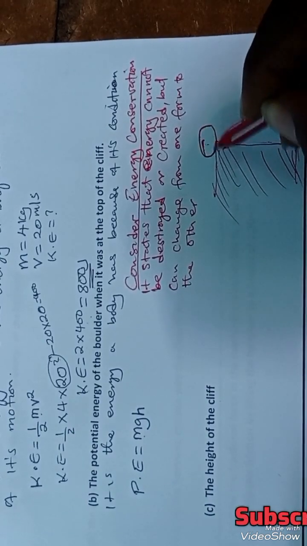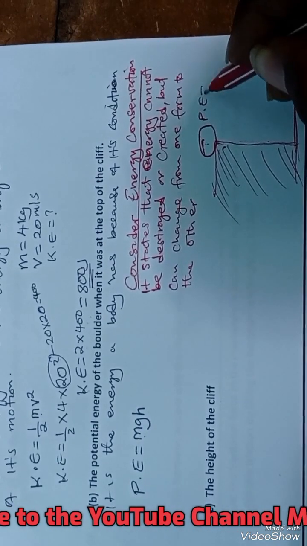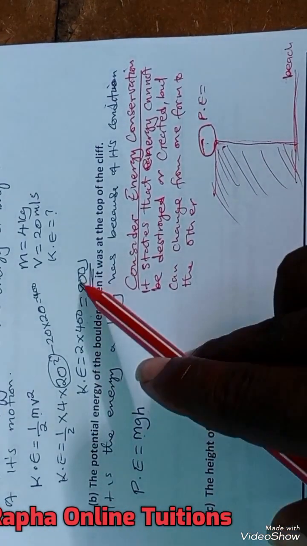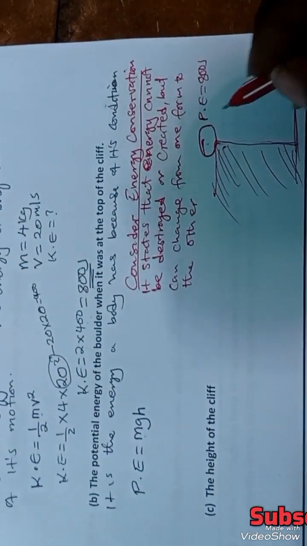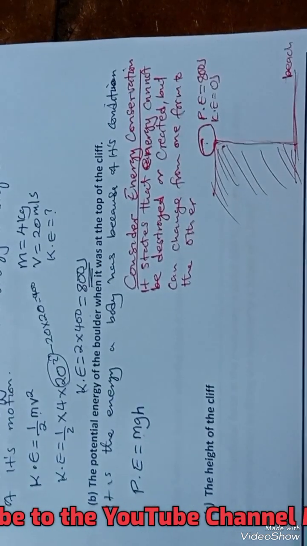At this point, potential energy is 800 joules, then kinetic energy is 0.